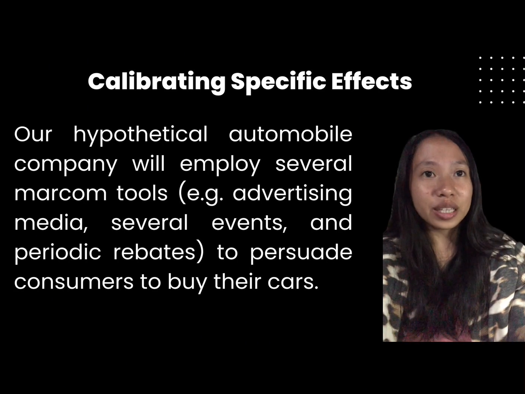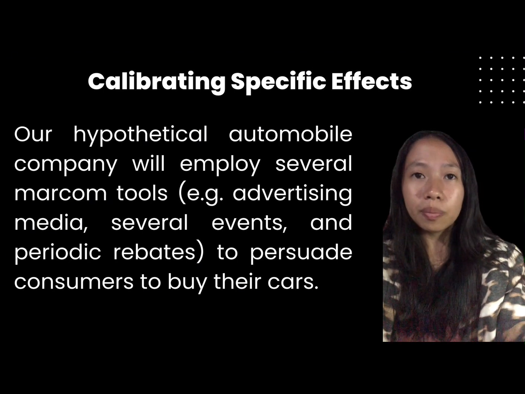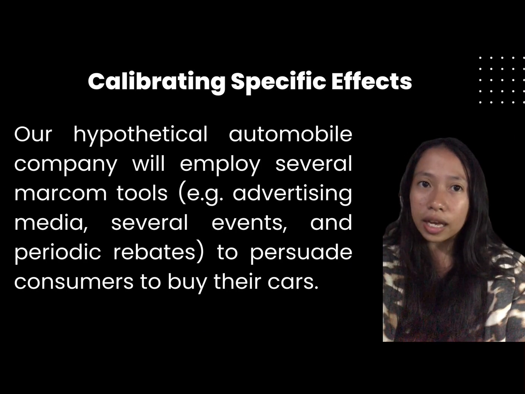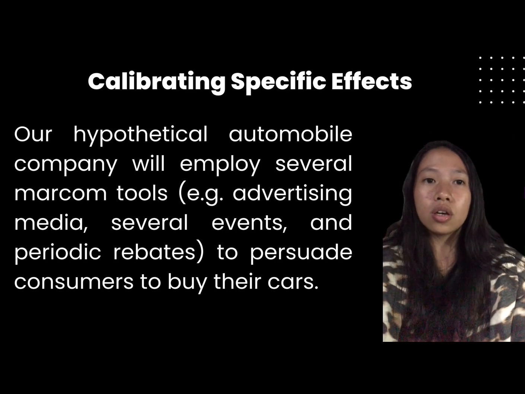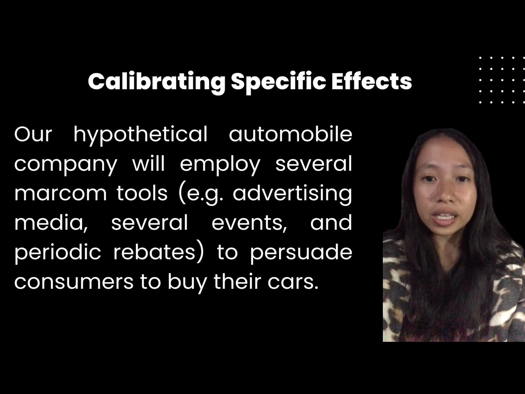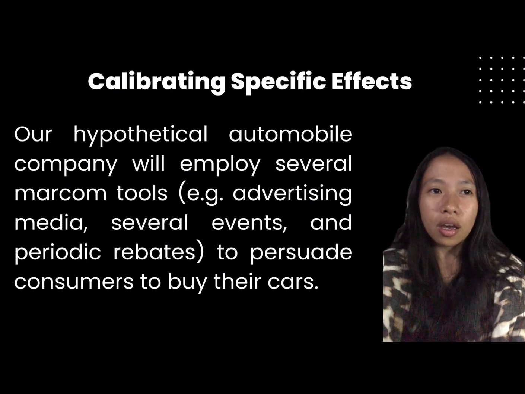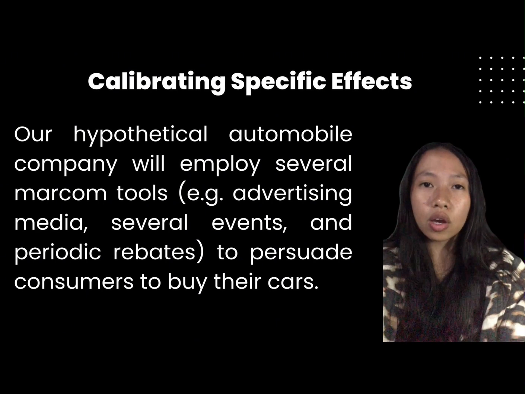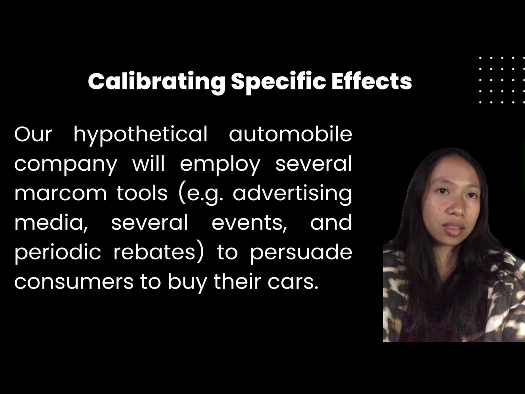Next is calibrating specific effects. A hypothetical automobile company will employ several Marcom tools, for example advertising media, several events and periodic rebates to persuade consumers to buy their cars. When we say calibrating, calibration defines the accuracy and quality of measurements recorded using a piece of equipment.